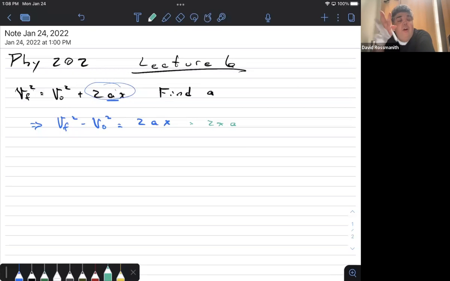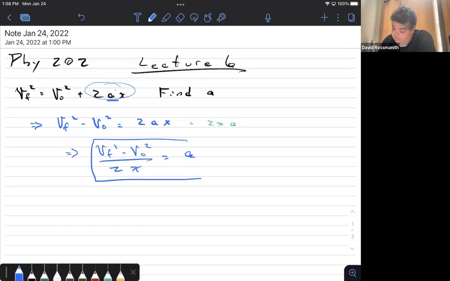Right now on the right side you're multiplying, so when you move it over to the other side, it becomes dividing. So I get rid of the 2X, and now on the other side you're dividing by the 2X. On the right, all we have left is the A. Okay, and so that would be your answer.